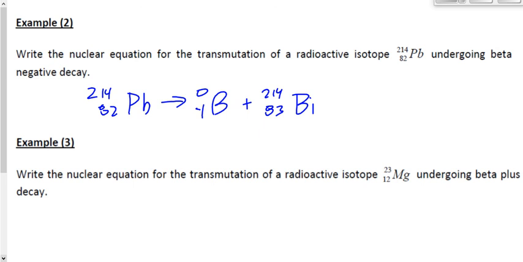Now listen carefully. When you have beta negative decay, there is also something called an antineutrino produced. It doesn't come into the mix in terms of balancing things, but it does have to be there.